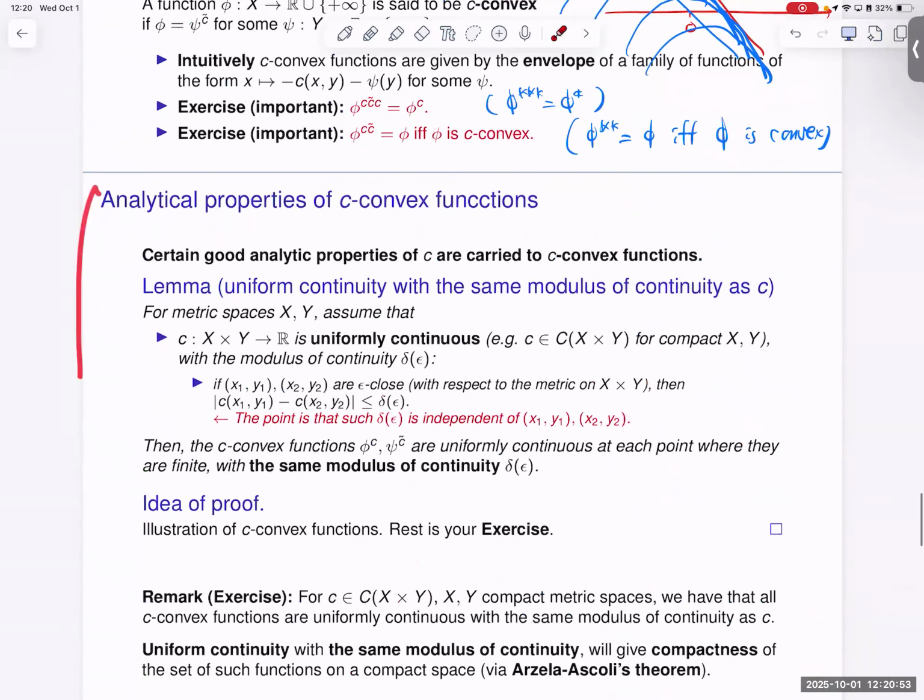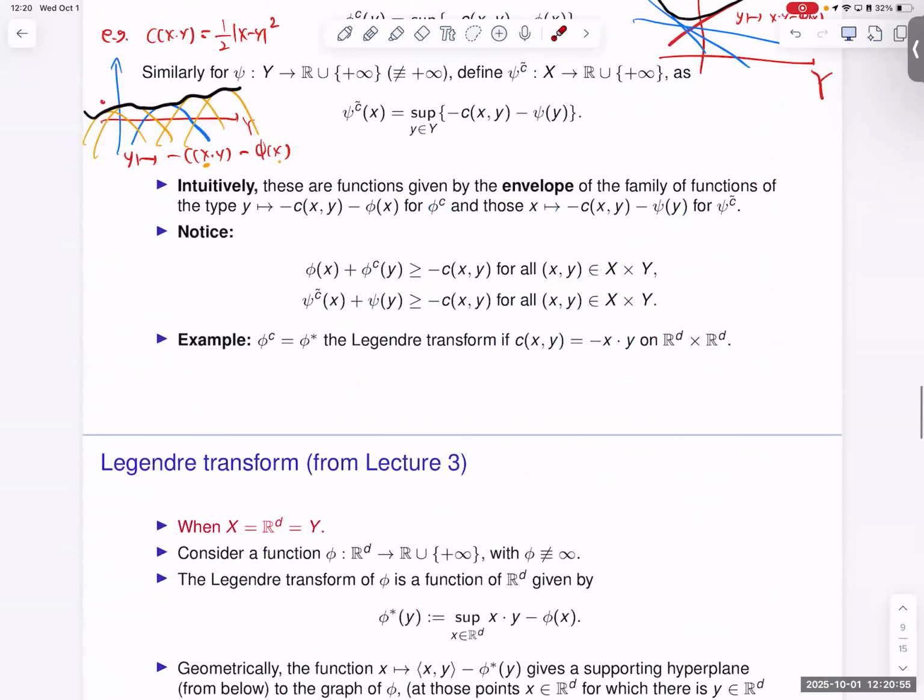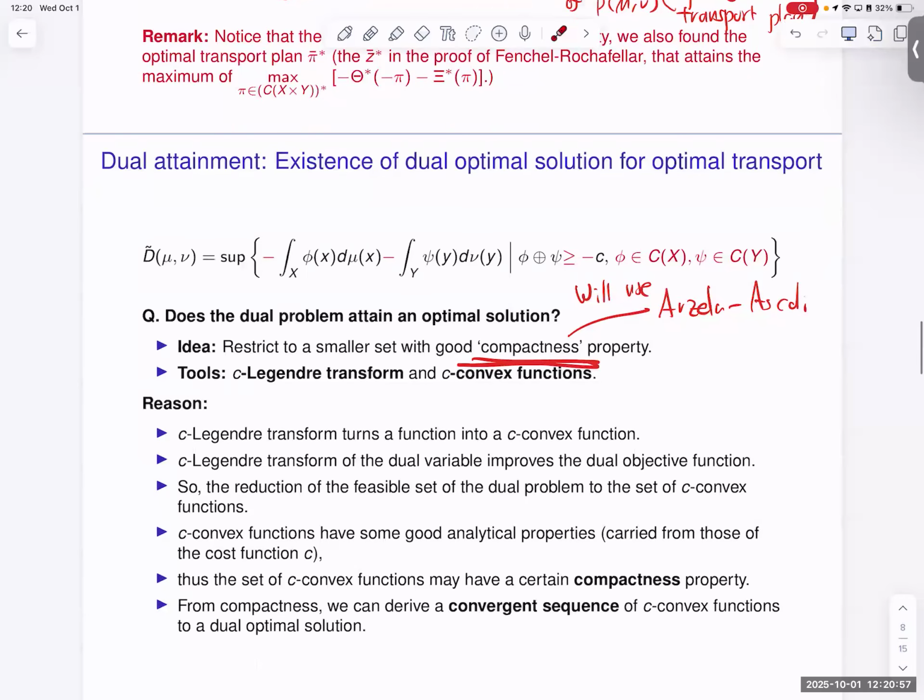In the next part, we are doing this just to draw some subset of continuous functions which have nice compactness properties so that we can apply Arzelà-Ascoli. So we want those functions continuous and uniformly bounded.